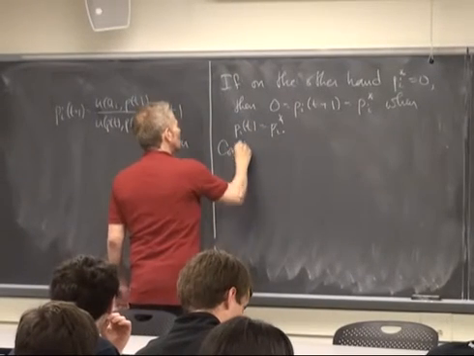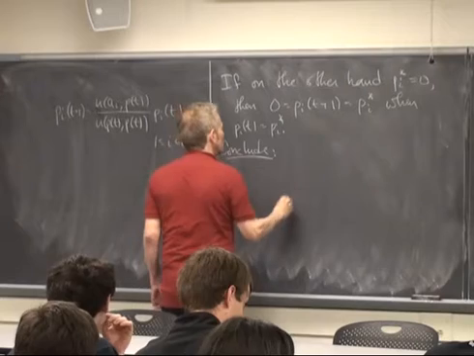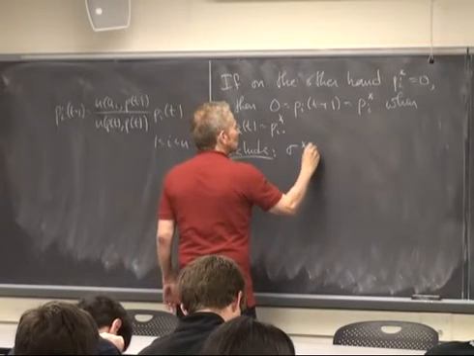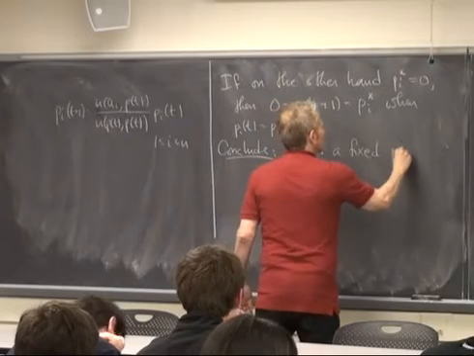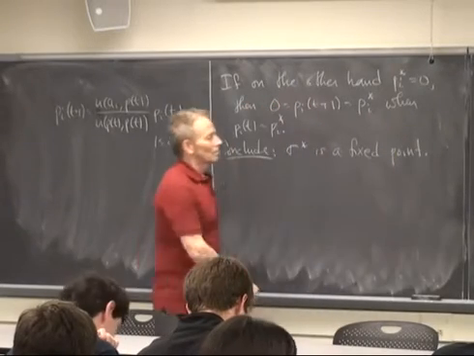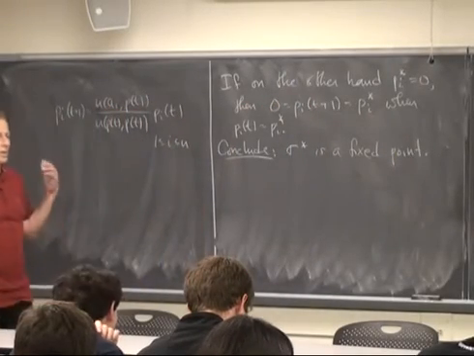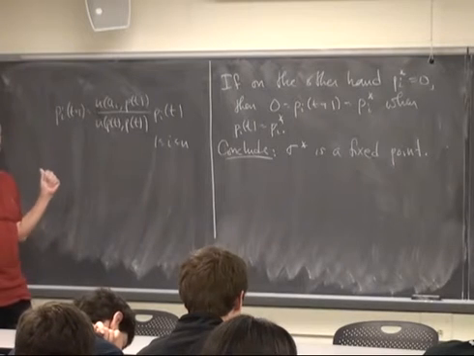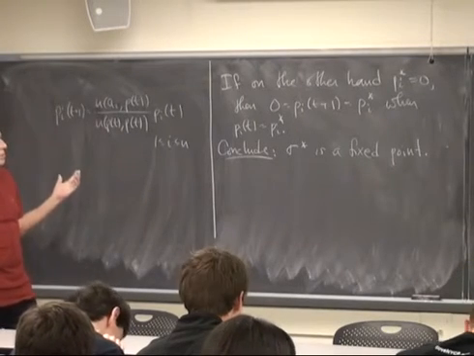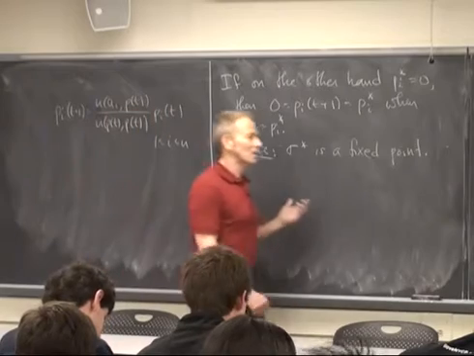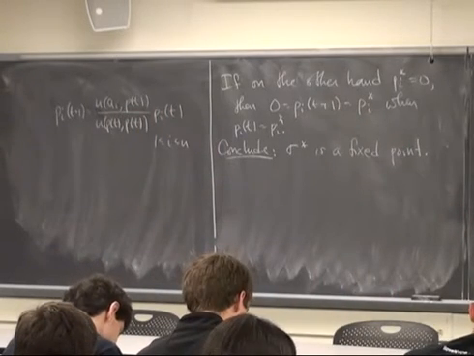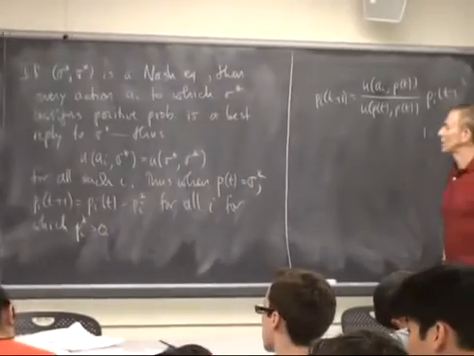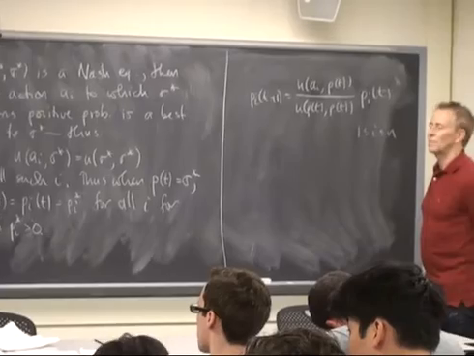Conclusion, sigma star is a fixed point. The actions to which it assigns 0 probability persist as having 0 probability assigned to them in the next population. The actions to which it assigns positive probability, because their payoffs against the population strategy are going to be the same, namely best, as sigma star is against the population strategy, persist.